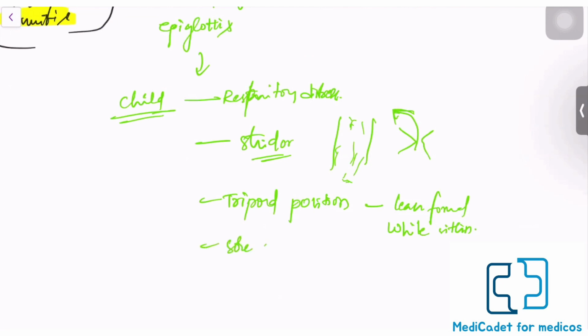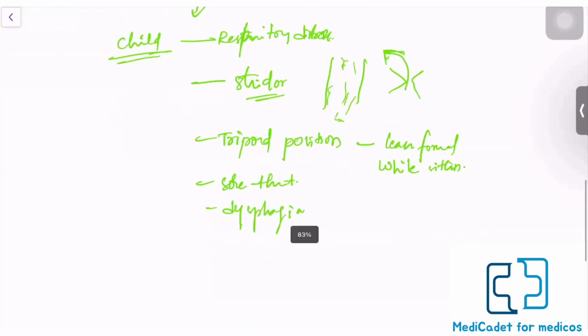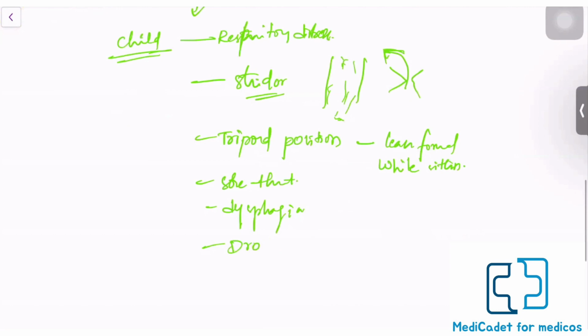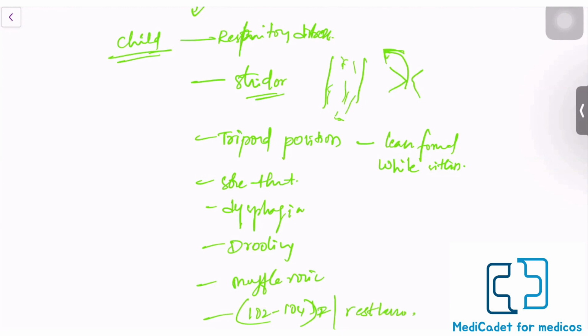They'll have a sore throat since there is an infection. They'll have dysphagia, pain while eating food, and the child will be drooling. They'll have a muffled voice and a very high temperature, ranging from 102 to 104, and the child will be very restless.